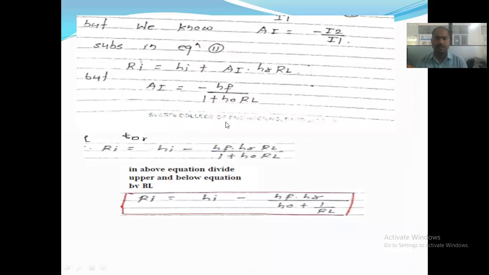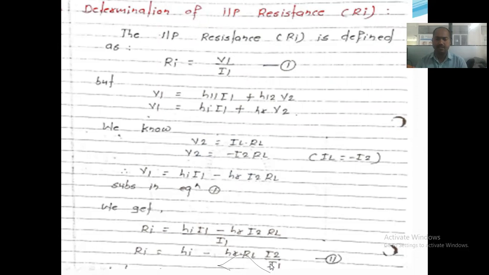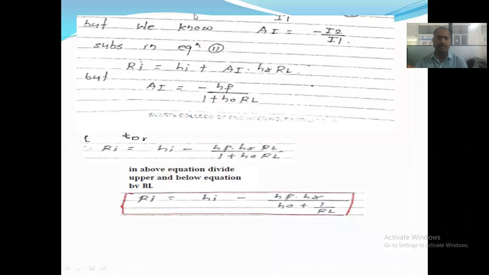See, we have seen Ri equal to Hi minus Hr into RL I2 divided by I1. But we know one equation for the current gain, that is Ai equal to minus I2 divided by I1, right? So for this minus I2 divided by I1, we put Ai here.